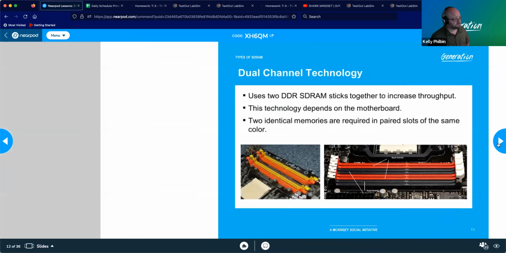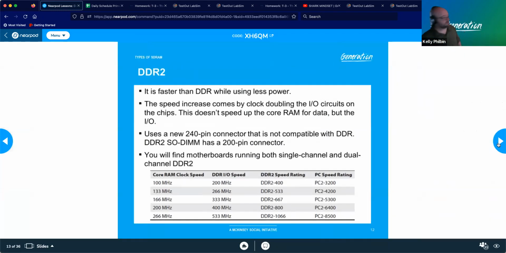And here we go. All right. DDR2. It doubles the clock again. So that's why we're double data rate times 2. So the first DDR, we doubled the rate from 100 to 200. For DDR2, we're doubling from 200 then to 400.